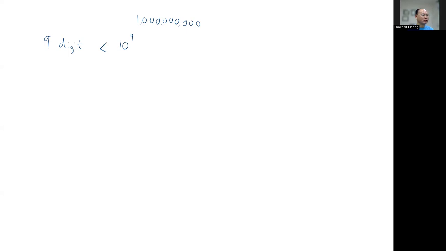So when you add 2 of these together, the sum is less than 2 times 10 to the 9, which is less than 2 to the 31 minus 1, which is int max. So basically, the main thing is you want to make sure that a normal integer is good enough to store this. And then the remaining part is to figure out how to deal with the input and output. So let's look at how I do this.